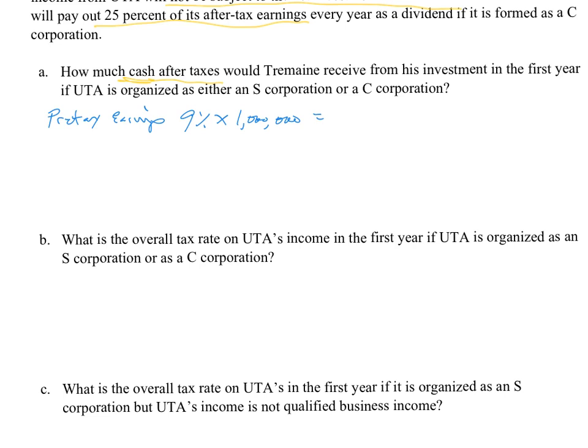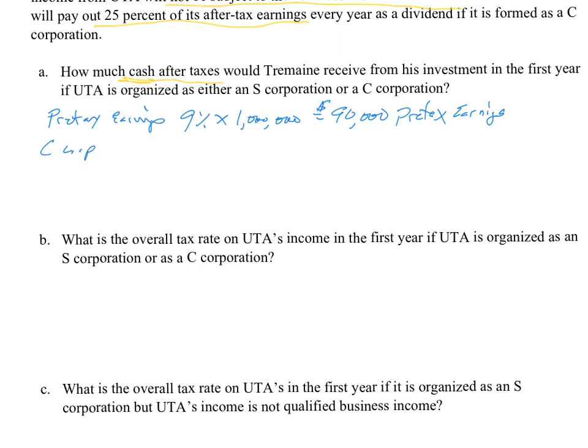So what does that give us? That's $90,000 of pre-tax earnings, regardless of form of entity. Okay, so let's look at the C corporation.